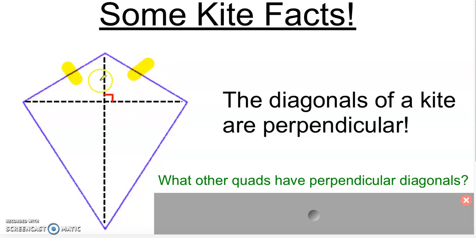I would have a reflexive side congruent here, and I've got a right angle. So these two triangles here would be congruent to each other because of hypotenuse leg. So the diagonals of a kite inside are perpendicular, create 4 right triangles, 2 sets of 2 congruent right triangles.